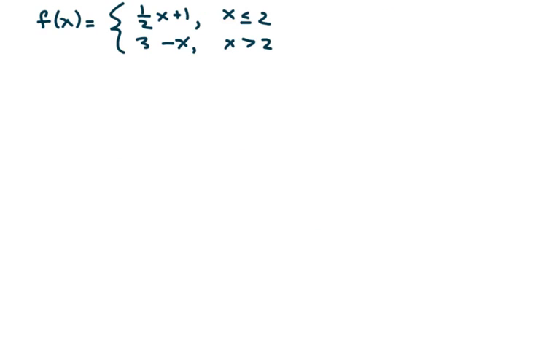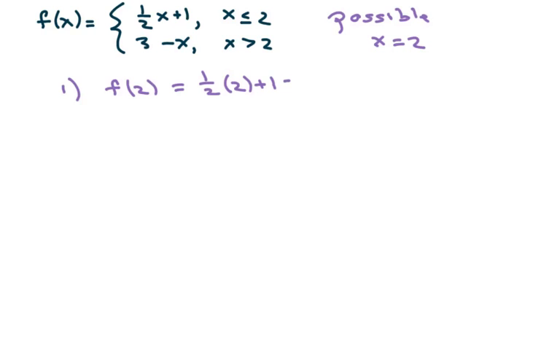Okay, now this one has a possible discontinuity at x equals 2. So basically we're going to check first f of 2, which would be the first one here. When you plug in 2 in here, you get 2. So that's going to equal 2. And now let's check to see if the limits from the right and left match.